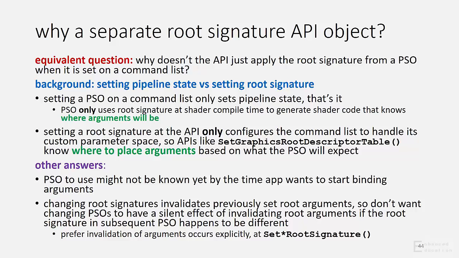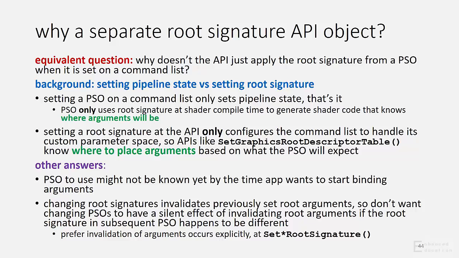If you imagine seeing a set of pipeline state object set calls in some code that's recording a command list, we know that each pipeline state object has a root signature inside it, but if you happen to set a couple of pipeline state objects that have different root signatures, one after the other, it's not visually obvious that one of them has a different root signature than the other.